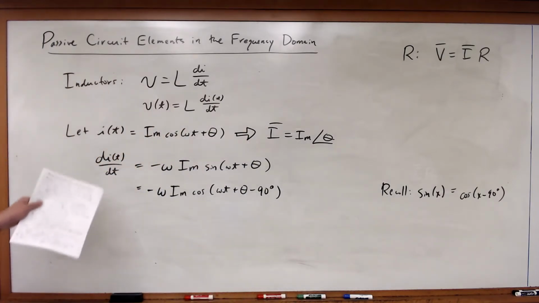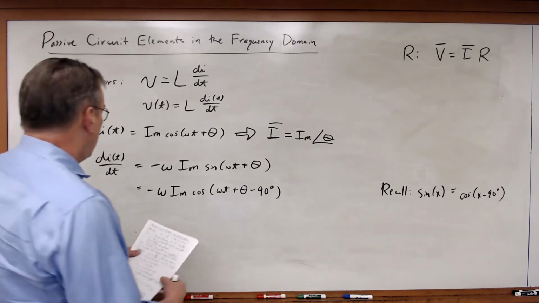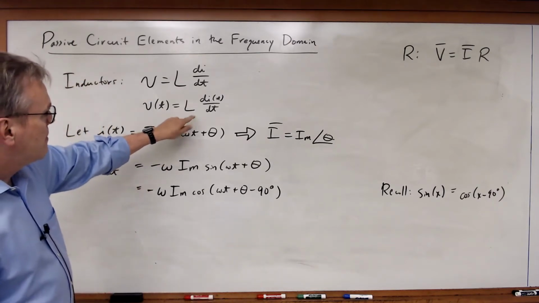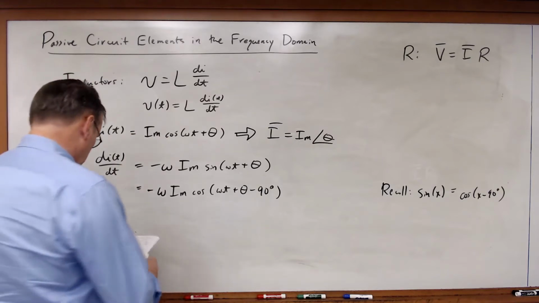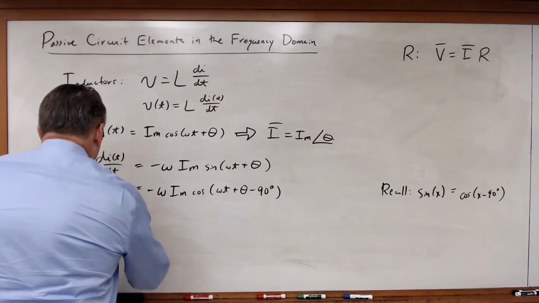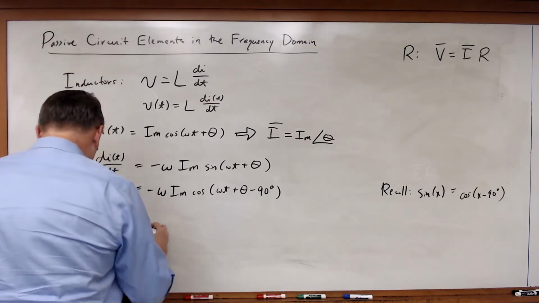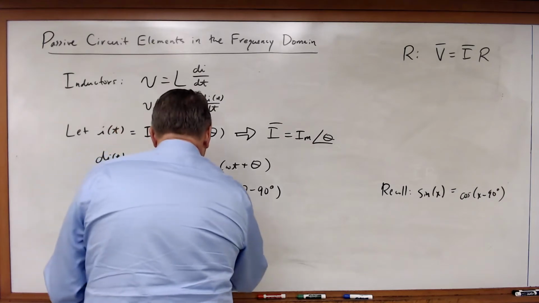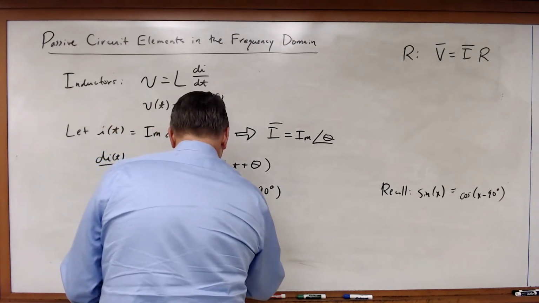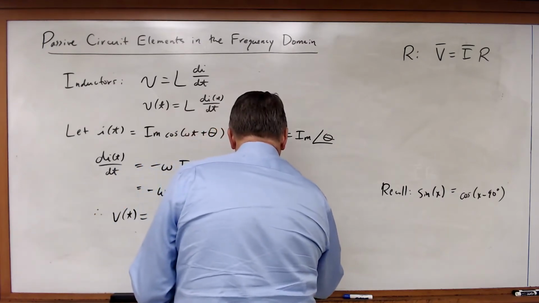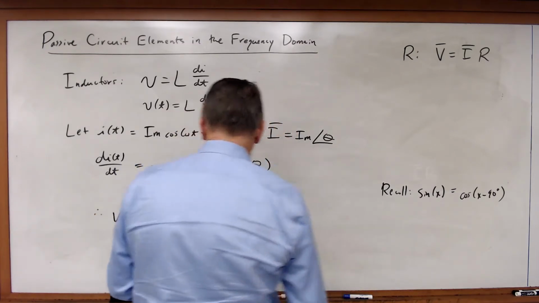All right, so now let's take this derivative and plug it back up into here. And so what we're going to get then is that v of t is going to be equal to minus L times omega times Im times cosine omega t plus theta minus 90 degrees.